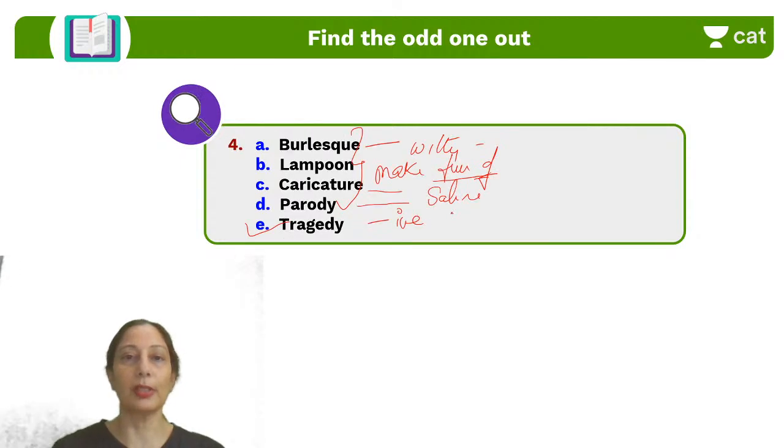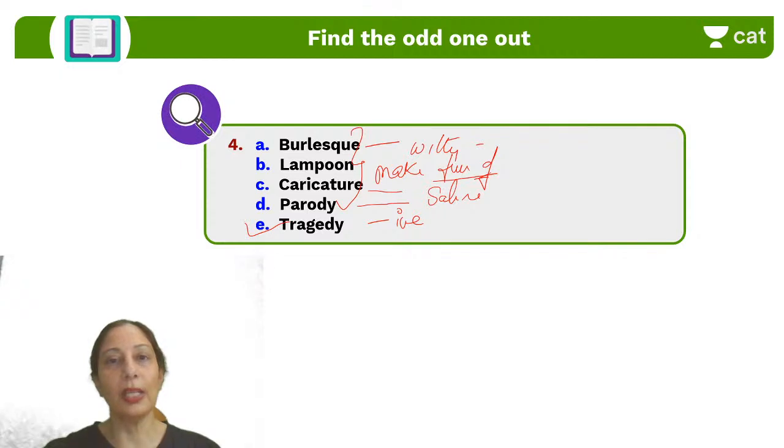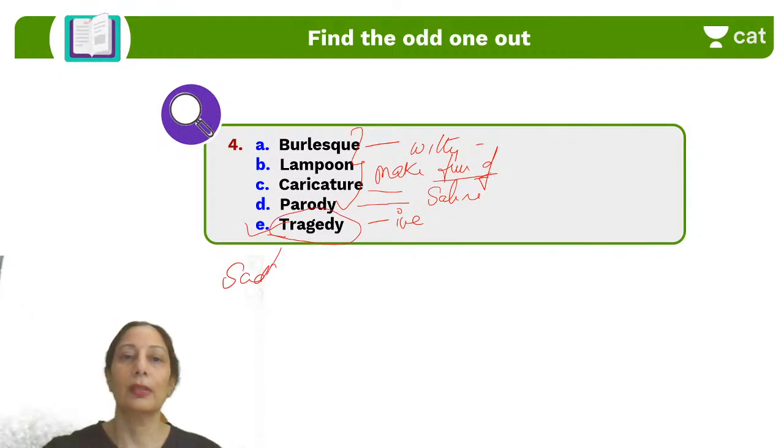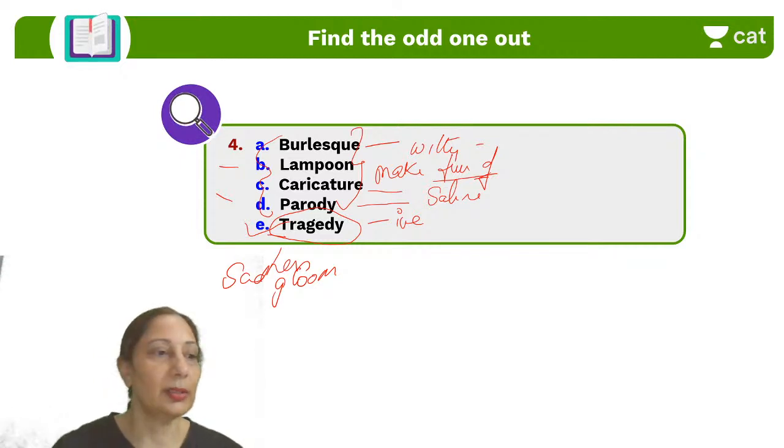Tragedy means something related to sadness and gloom, while these are making fun of somebody, criticizing somebody, doing a satire on somebody. So I'm not saying these are positive words. I said that it means to make fun of somebody, right?